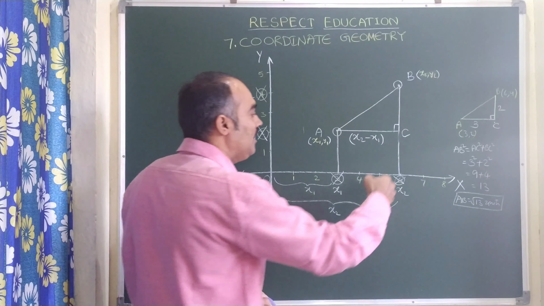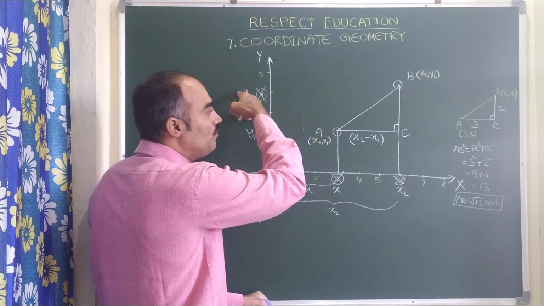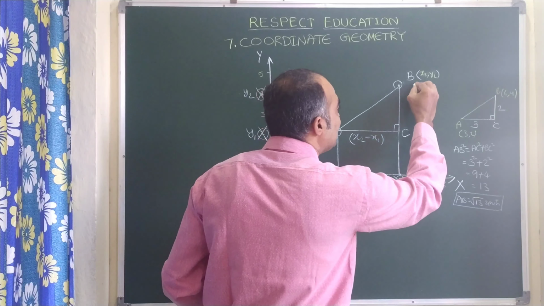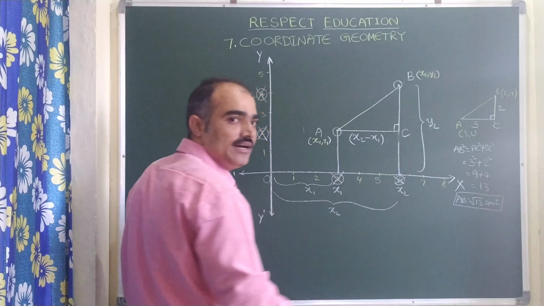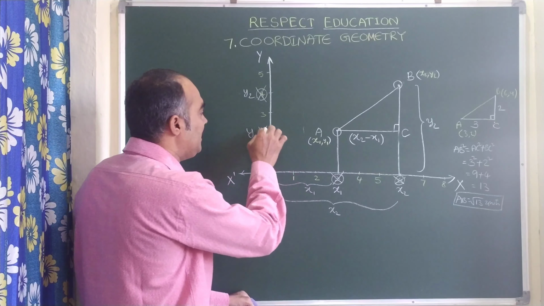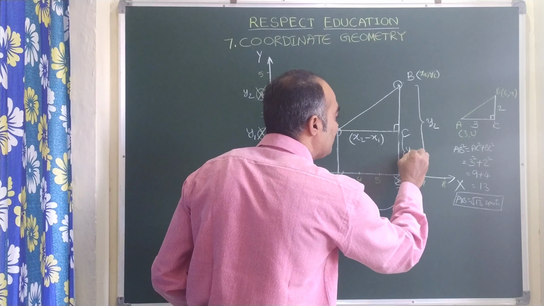In the same way, O to B, this is y2. So this complete distance is y2 units, right? And O to C indicates y1.